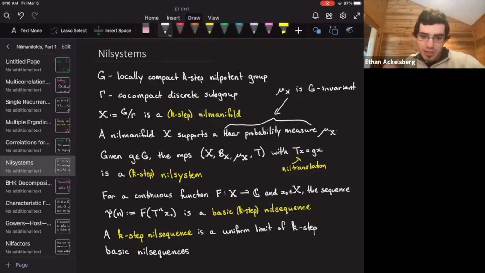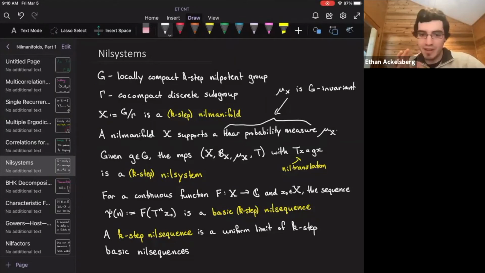And then we'll also want some notions of nilsequences, which are formed from nil systems the same way we got almost periodic functions from group rotations. So we take some continuous function and just evaluate along an orbit for some nil system. So now I lied a little bit.